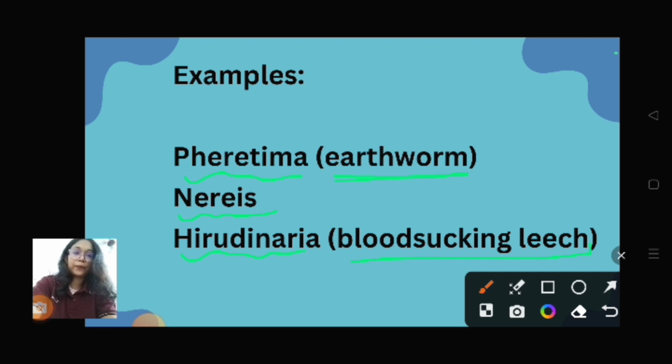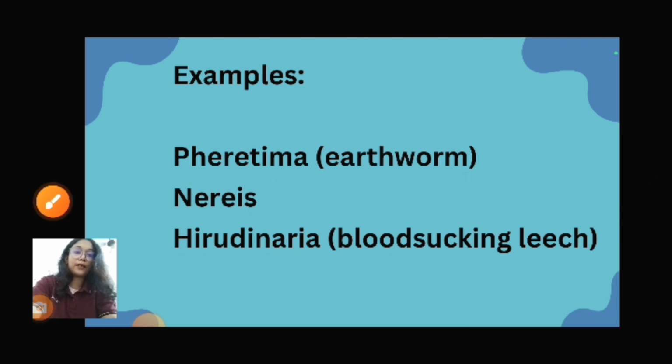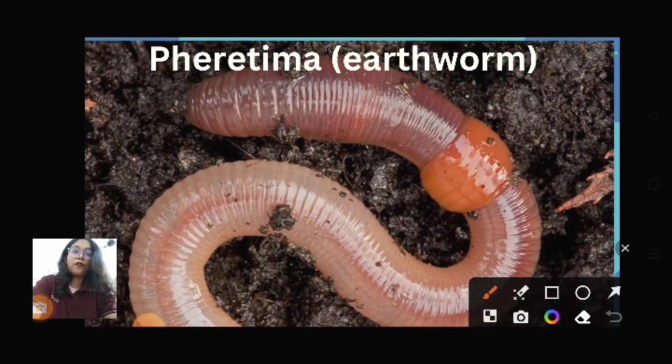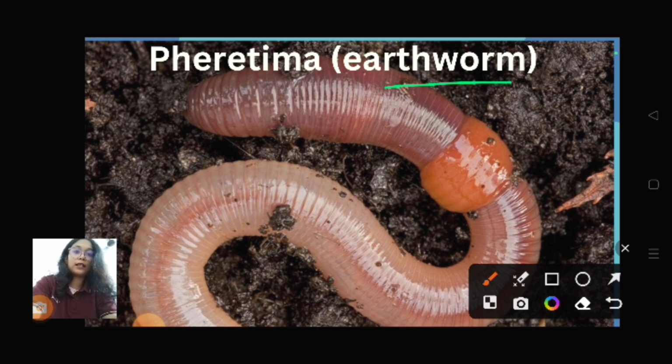Okay, let's see some pictures. This is an example of Pheretima, earthworm. See, here the metameric segmentation is prominent. Can you see the segmentation is prominent? Okay.